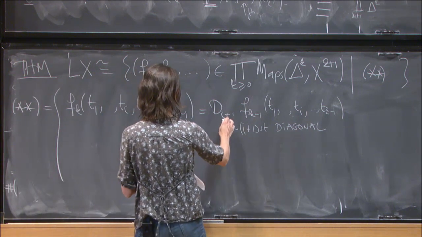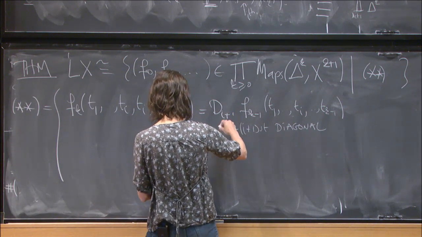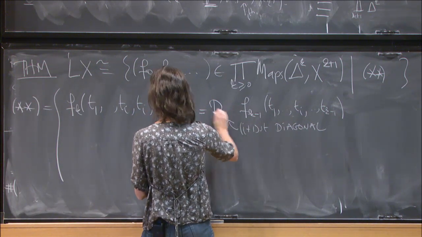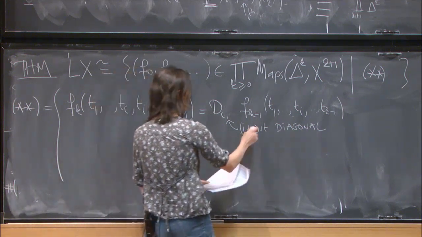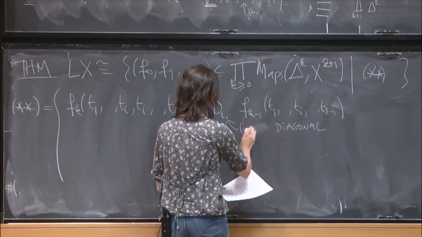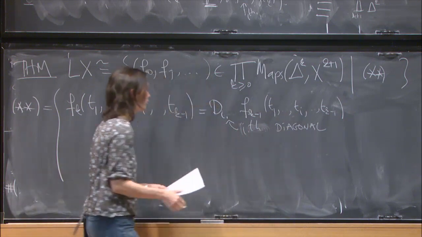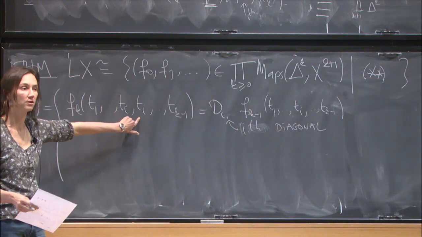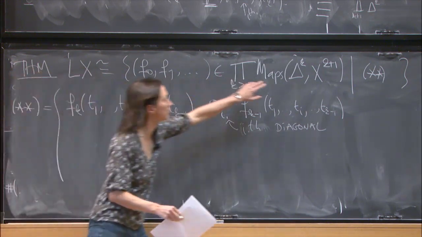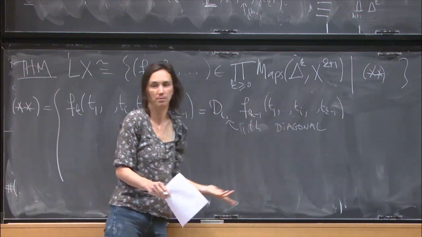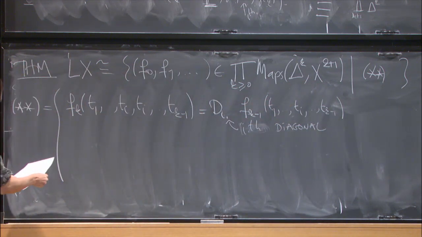Whatever, let's call it the i-th diagonal. I'm doubling up a coordinate. In my value in X^(k+1), two of the coordinates will be the same. There's an obvious diagonal that does that.